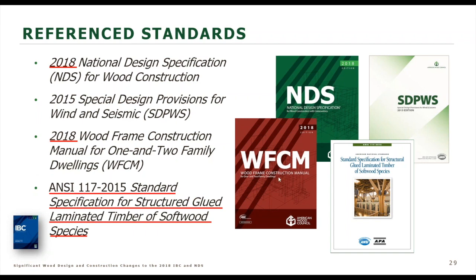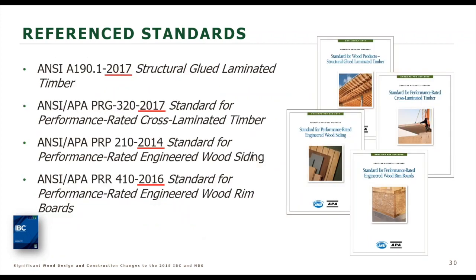Then we also have the updated 2000 NDS Wood Frame Construction Manual. And we also have ASCE 117-2015, specifications for structural glue laminated timber and softwood species. All of these relate to design of wood construction.